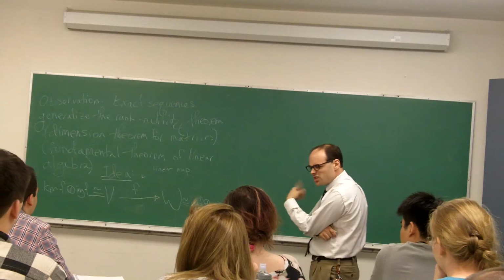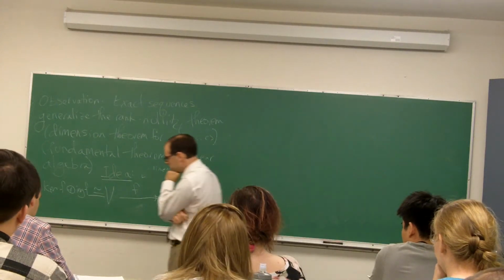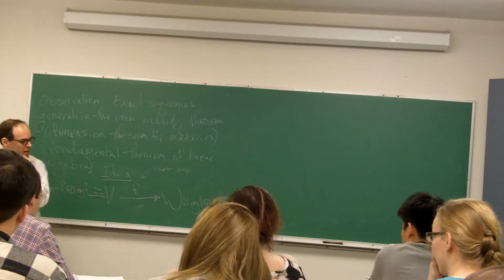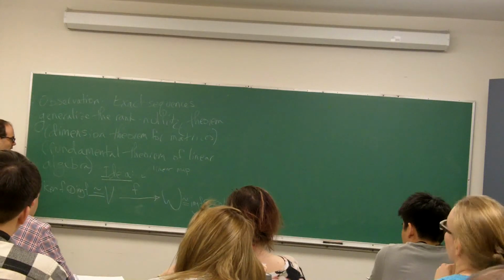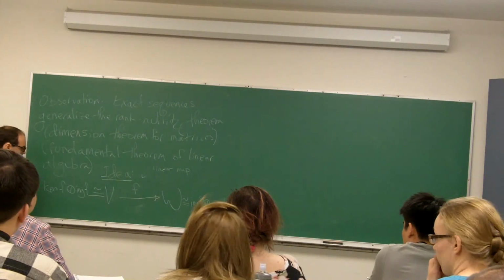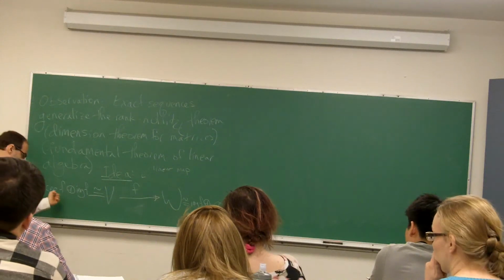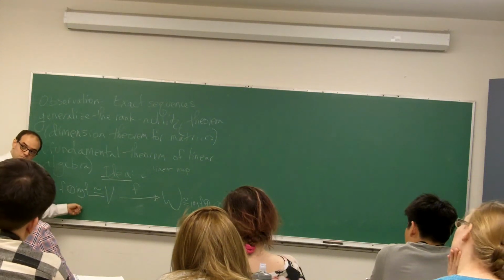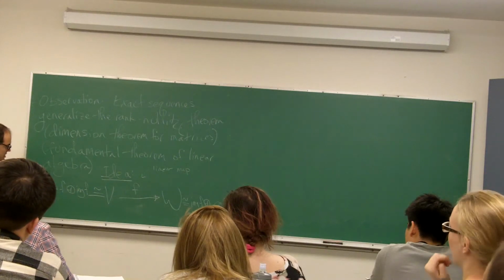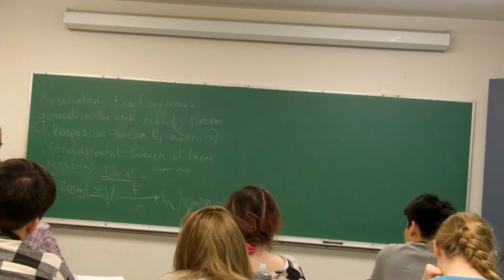Now, how does this show up with exact sequences? How are they doing anything useful like that? How do they generalize this notion? Well, what do I have over here? I've got a kernel and I've got an image. What does this mean? This means the kernel of one map is the image of the next.